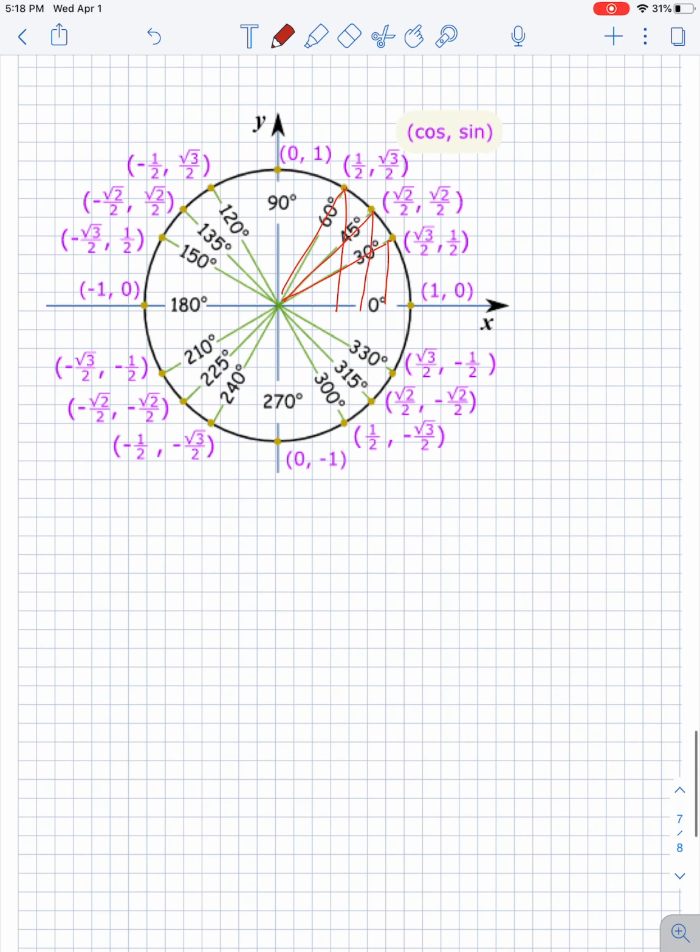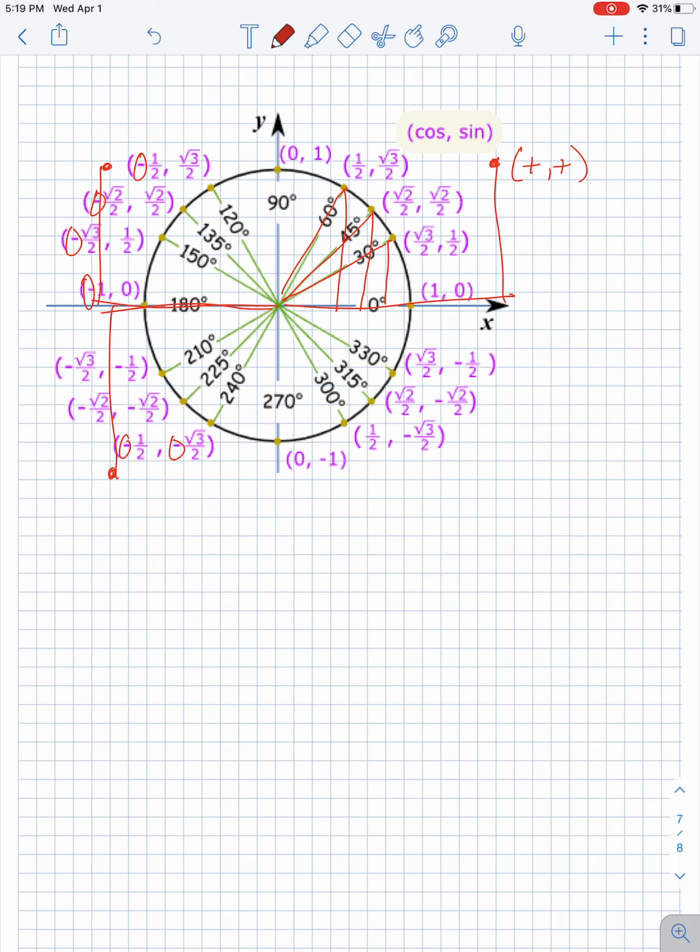Over here, just forget about the circle, think XY coordinate plane. These points over here in the XY coordinate plane are positive points, right? You go over and up. You go positive in both directions. These coordinates over here are negative and positive in the XY coordinate plane. That's why you see all of these coordinates having a negative x value. In the fourth quadrant, the points over here are negative.